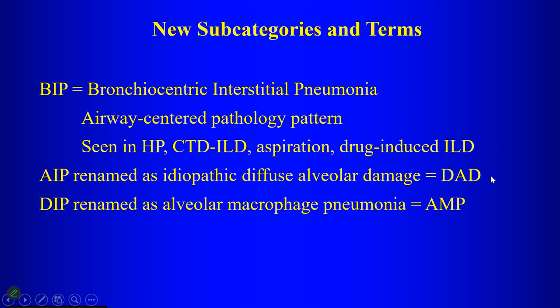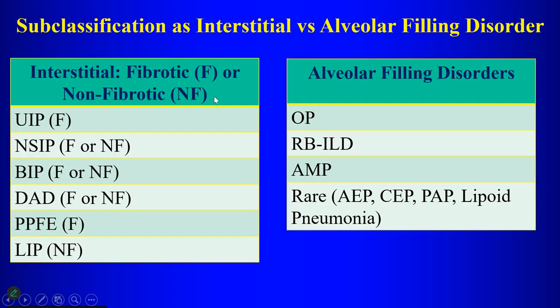AIP, renamed as idiopathic diffuse alveolar damage, right? Essentially ARDS. Yeah, you want the I before it. DIP, I warned you about this, renamed as alveolar macrophage pneumonia. Those are the changes. So these are now categories. The interstitials can be broken up into fibrotic or non-fibrotic.